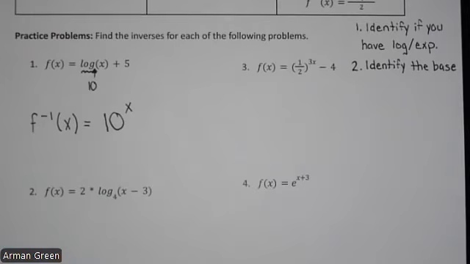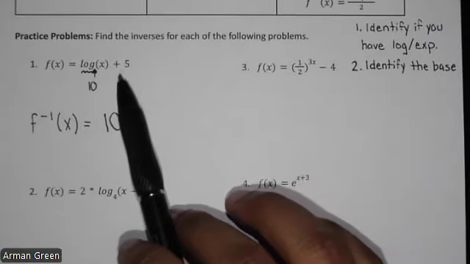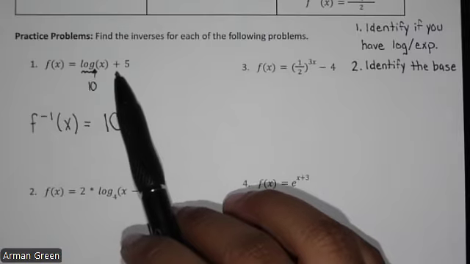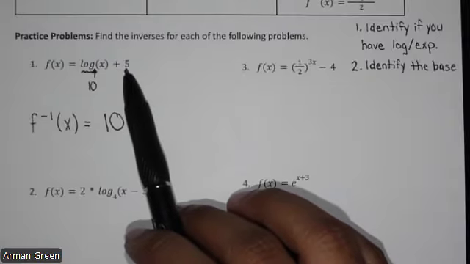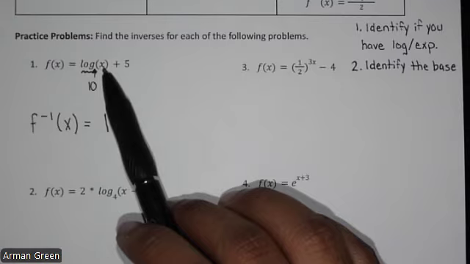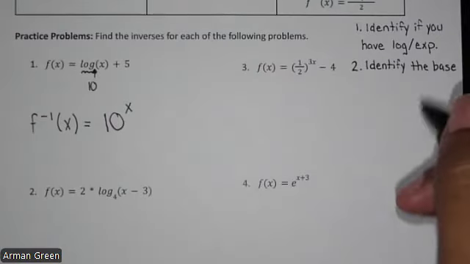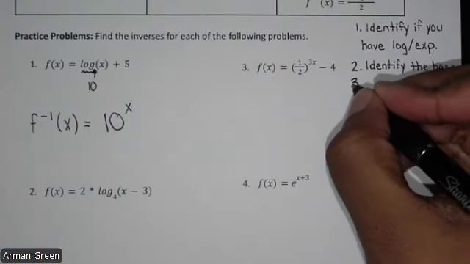So now comes the question, how do we deal with this 5 that's on the outside? We're adding 5 on the outside of our logarithm, and now what we need to do is figure out how we account for that in our inverse. This is where step 3 is going to come into play.